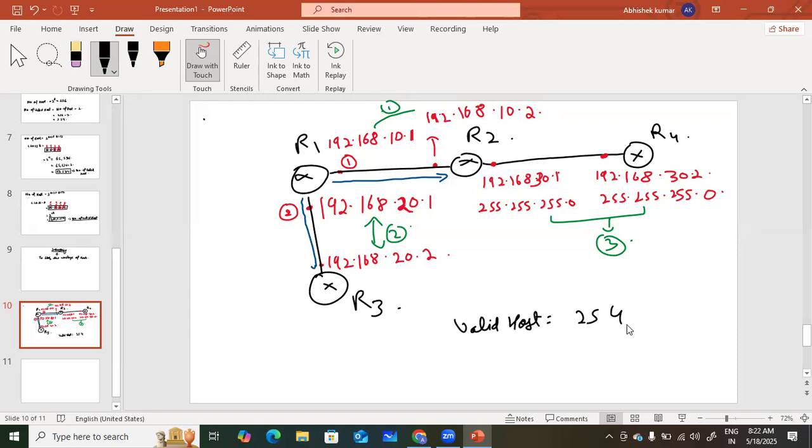Out of this 254, I am just using 2 hosts. The rest, 252 hosts of mine, are getting wasted. So in order to stop this wastage, we come up with the concept known as subnetting.